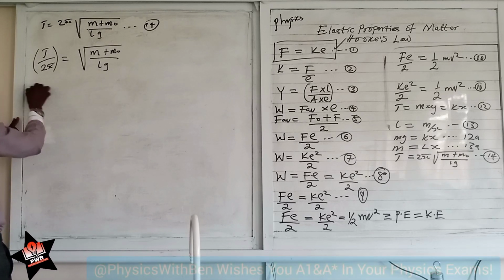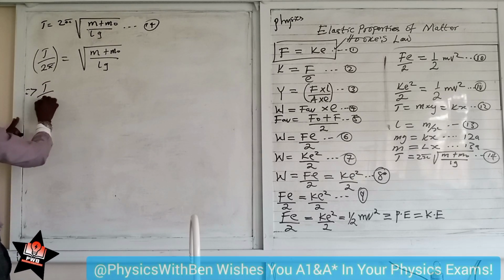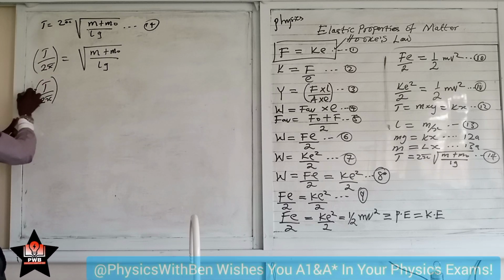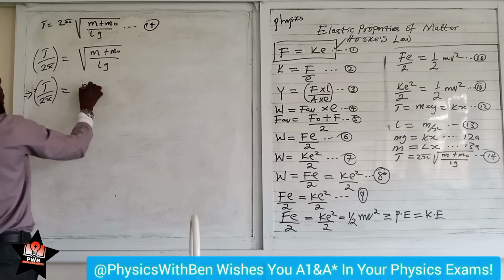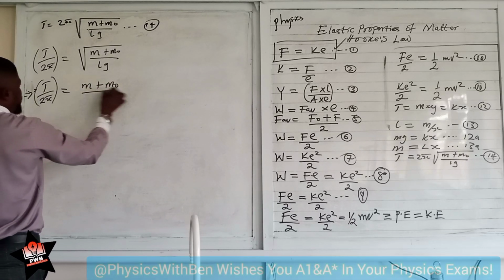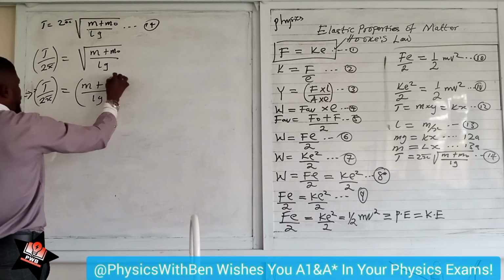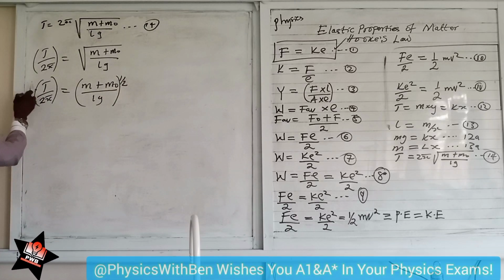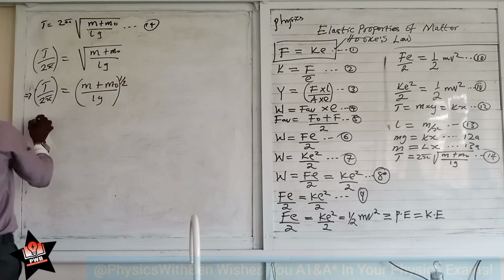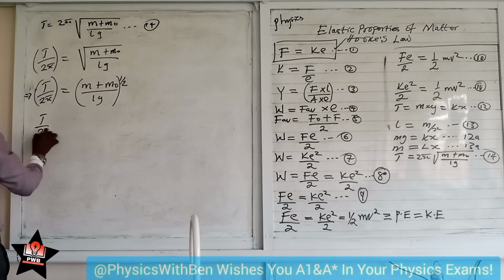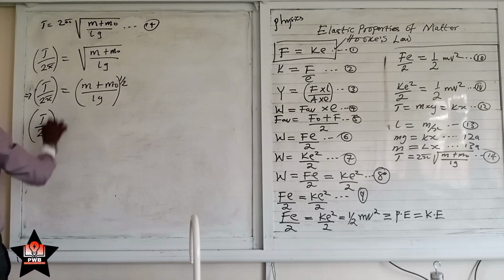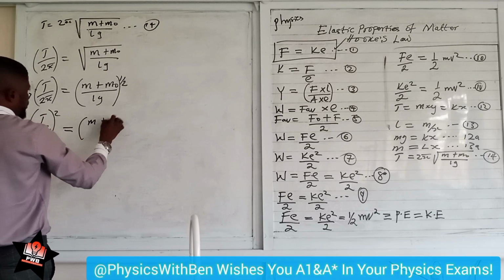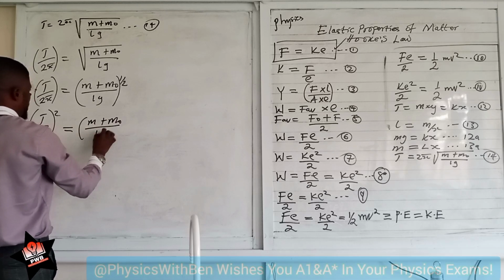So this is the same thing as T over 2π is equal to (m plus m naught) divided by lg, all raised to the power 1 over 2. So we square both sides. So rather, (T over 2π) all squared is equal to (m plus m naught) over lg.